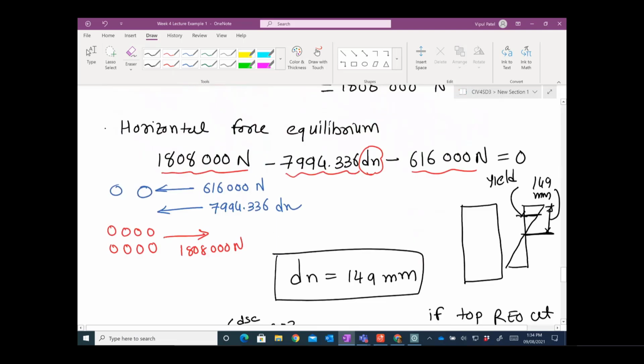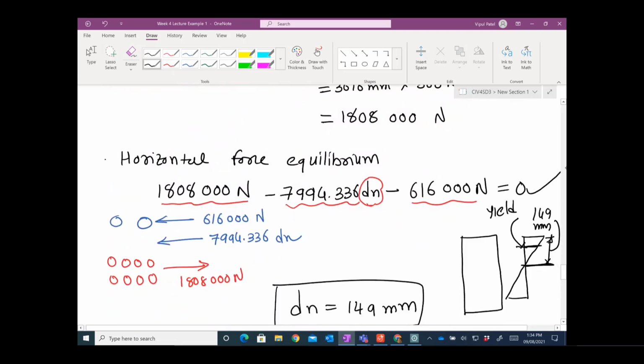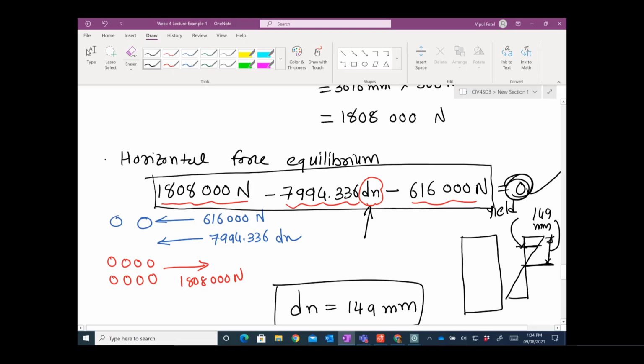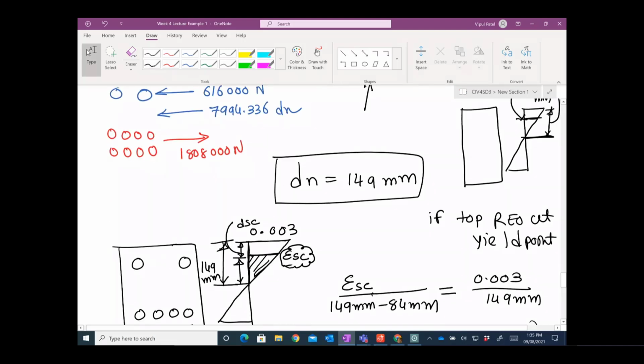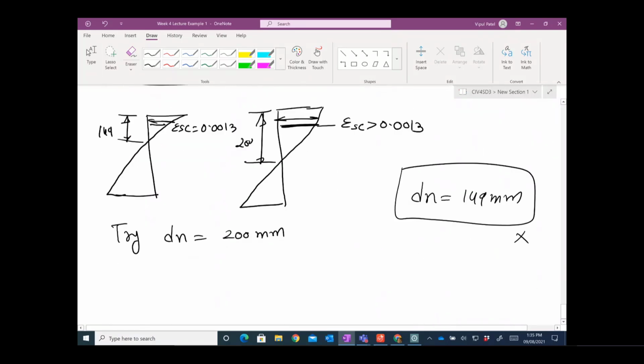This is a puzzle, meaning we need to keep changing this DN until we get this one to 0. That is a target. Somehow we need to plug in the DN value in a way that works, and keep in mind that the top rear is not yielded, so we can't just do this one.